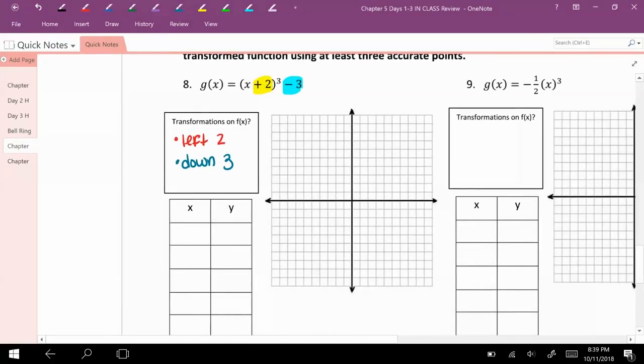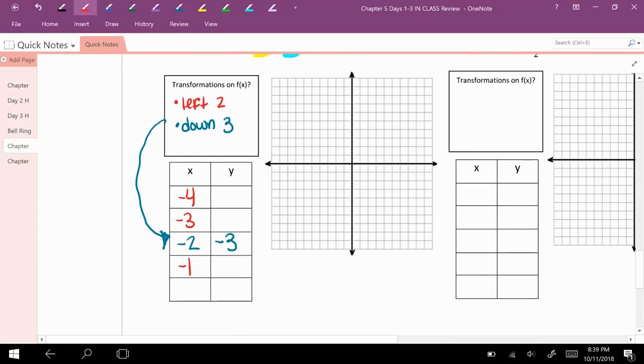So that is going to be the starting point when I'm graphing these cubic functions. Left 2 means -2, and then down 3. Now, I always do points that are above and below, so -3, -4, -1, and 0.